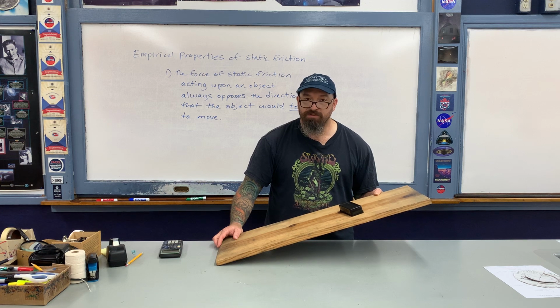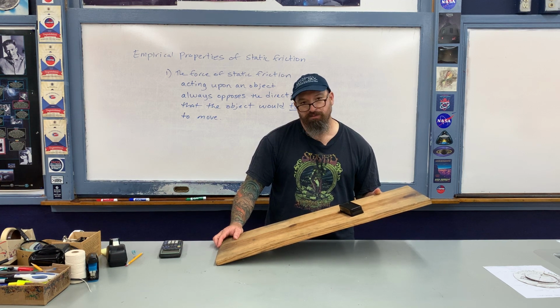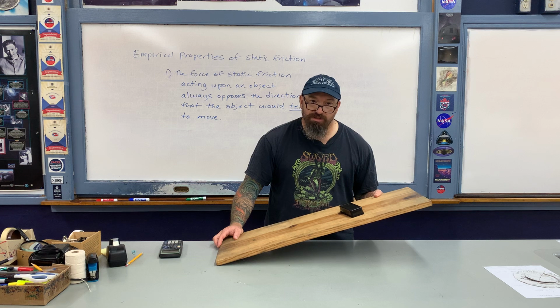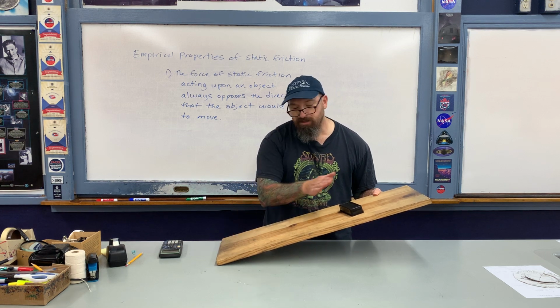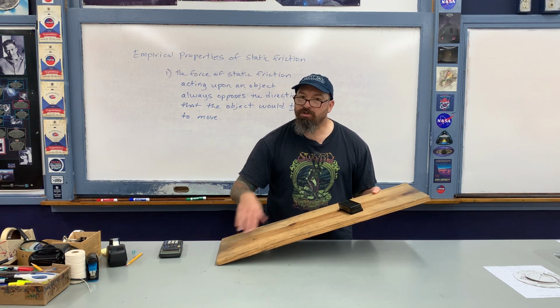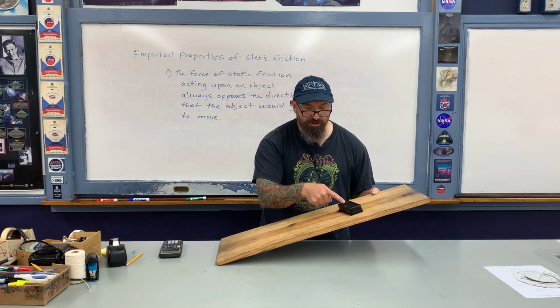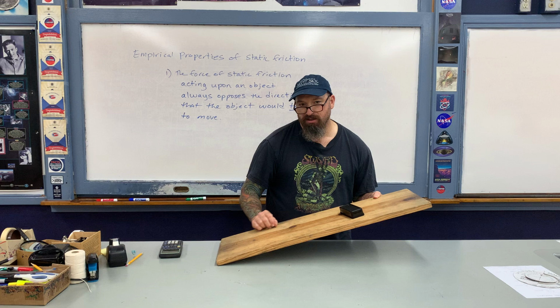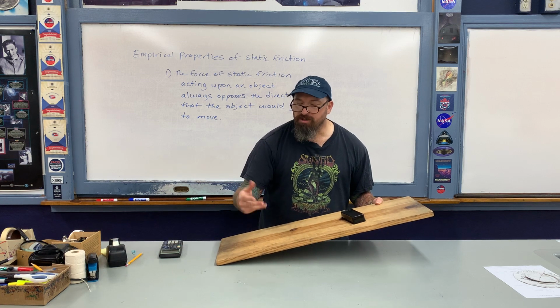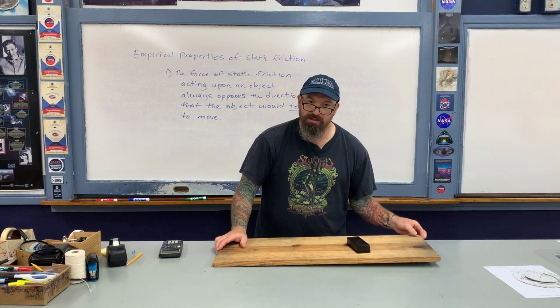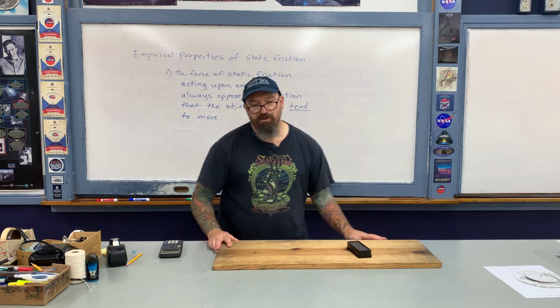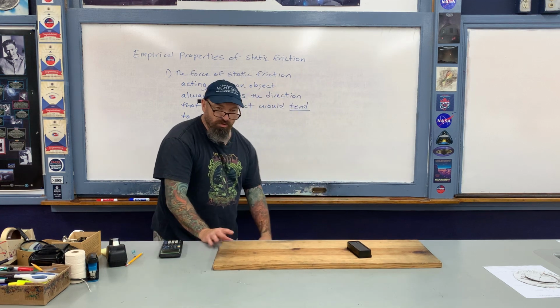This then means that the force of static friction is preventing the eraser from slipping. Of course, if there was no friction, then the eraser would tend to move in this direction. So opposing that tendency has to be the force of static friction acting upon the eraser, pointing up the slope. So this property of static friction is intuitively obvious. It always opposes the direction that the object would tend to move.